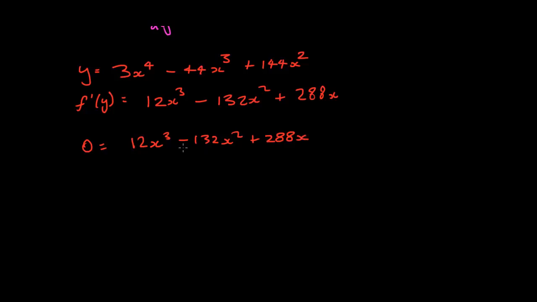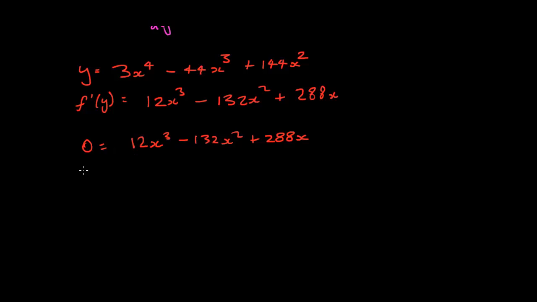So now we've done this, we can just try and solve. Just by looking at it, I can tell that 12x is divisible, and we can factorize it out. 288 is divisible by 12x, 132 is obviously divisible by 12x, and so is 12x itself.